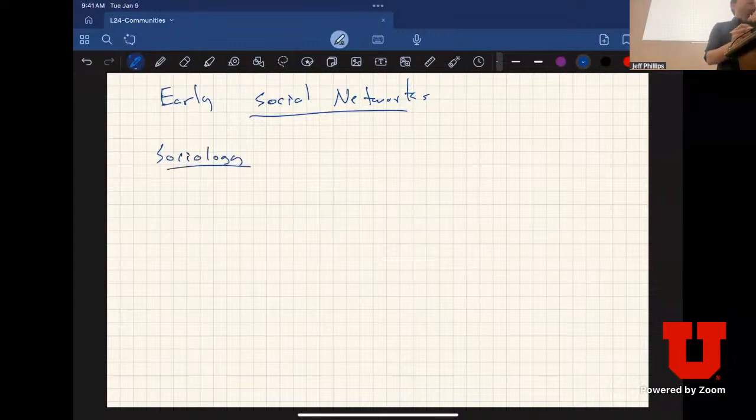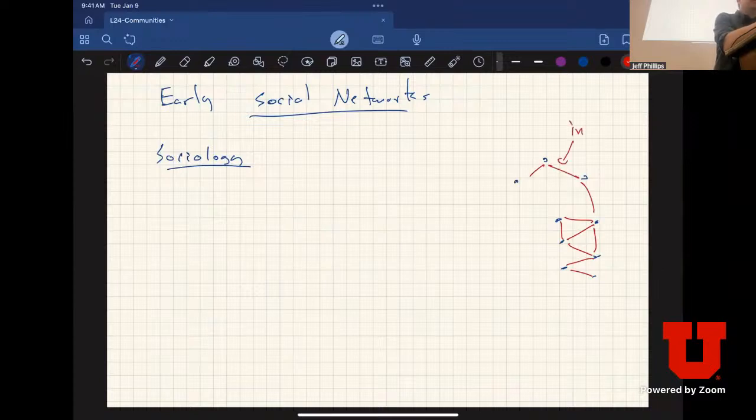And this is a field of how people interact. And so what they meant by a social network was that there was a graph of often people, and these were some interactions between the people. Okay, so these red were interactions between people, right?